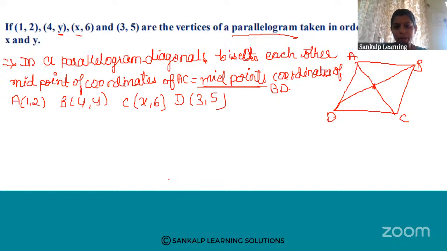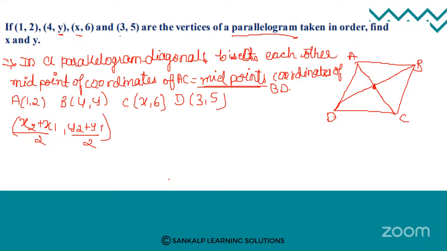Try to remember the midpoint formula, that is (x1 plus x2) divided by 2, (y1 plus y2) divided by 2. Right? So, this is the midpoint formula. Now, this is x1, y1, this is x2, y2.